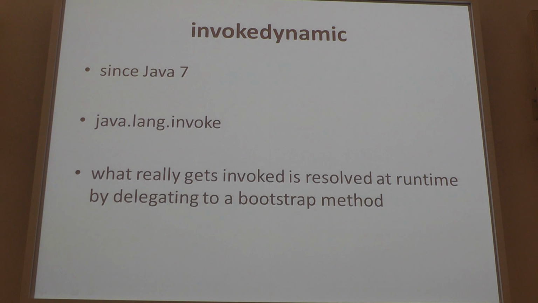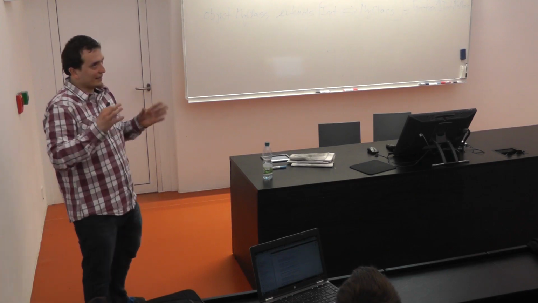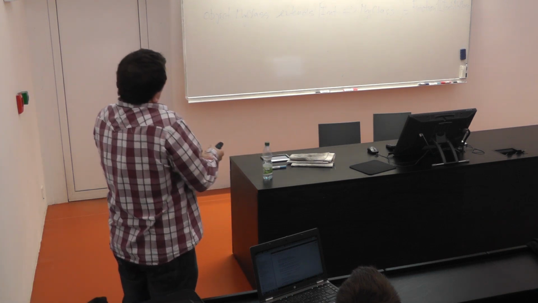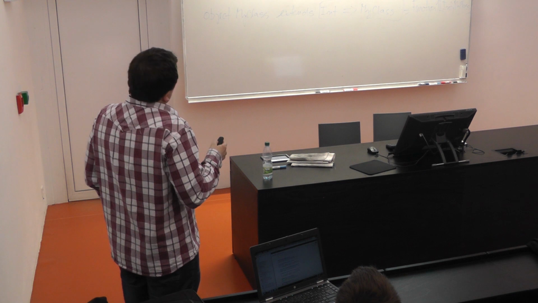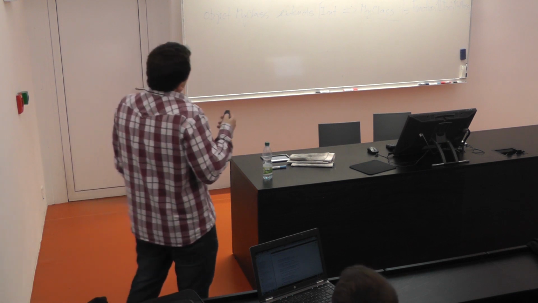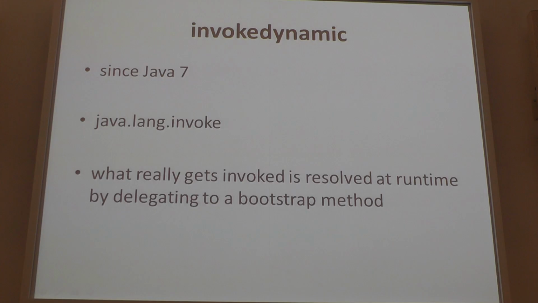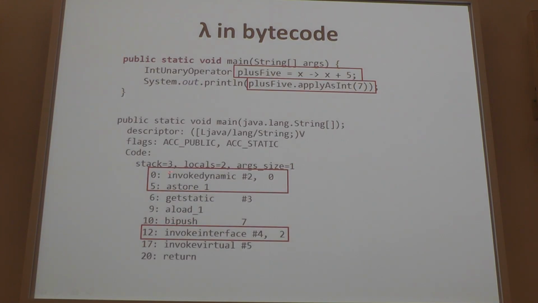And what is invokedynamic? As I said, it was added in Java 7, and it was meant to be better support for dynamic languages. Basically, it gives you an option to say that what gets invoked is not statically known from looking at the bytecode.